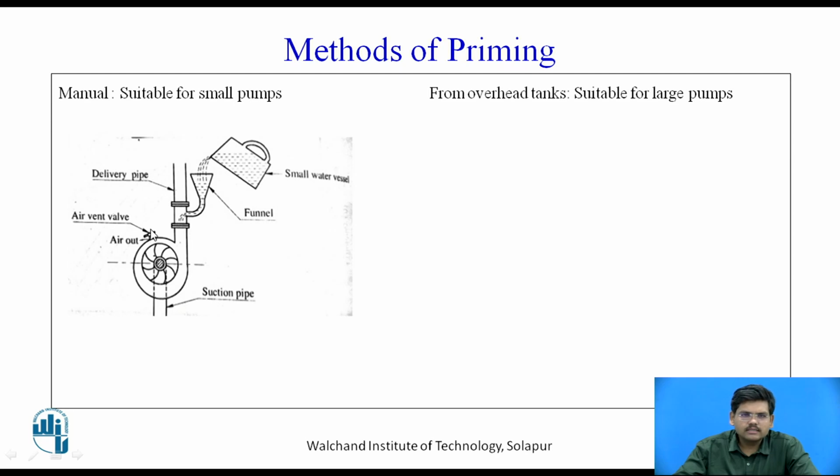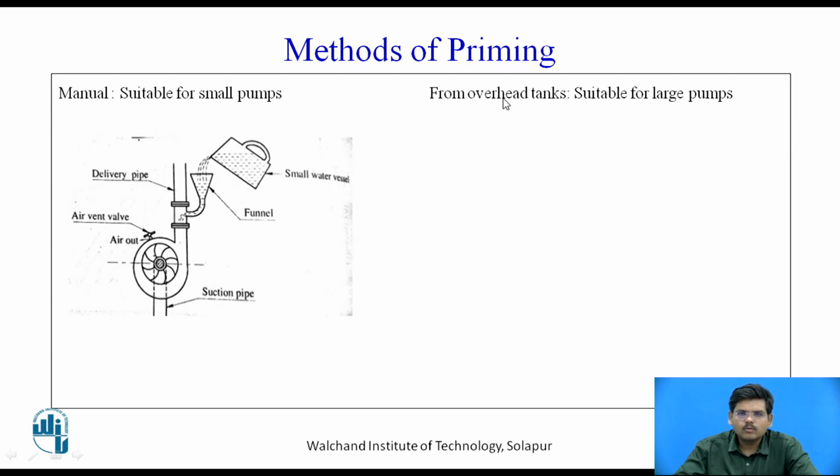At the same time, the air vent is opened. When the water starts filling this area, air escapes through the air vent. Once water starts coming from the air vent, we close it, stop filling water into the funnel, and then start the pump. That is, we start the pump after priming. This is priming with the help of a manual arrangement.